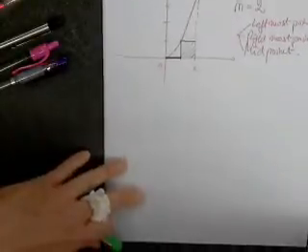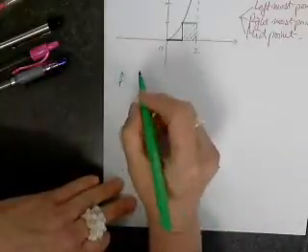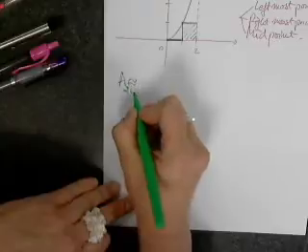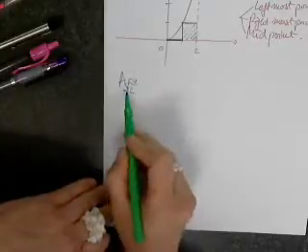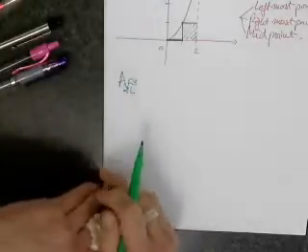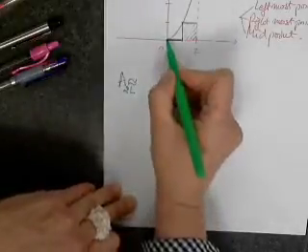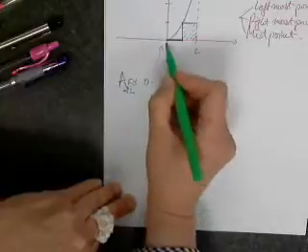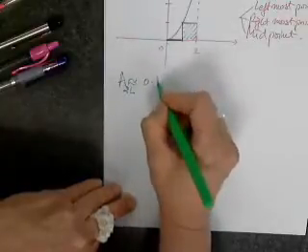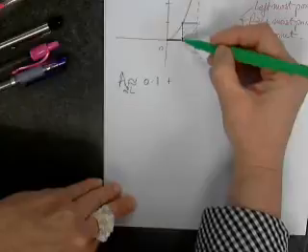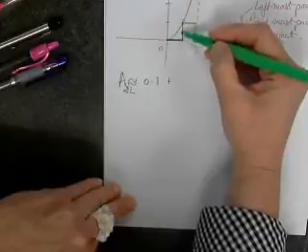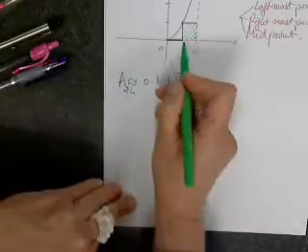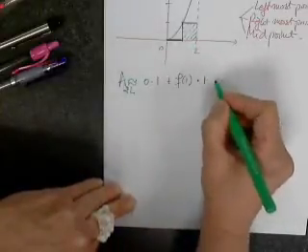So, therefore, the area is approximately, I'm going to put A2 left. The area with two subintervals and the leftmost point is the height of the first subinterval, 0, times the width of the first subinterval, which is 1, plus the height of the second subinterval, which is f of 1, multiplied by the width of this subinterval.